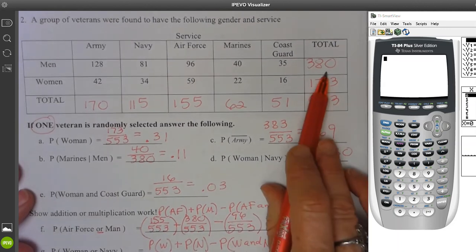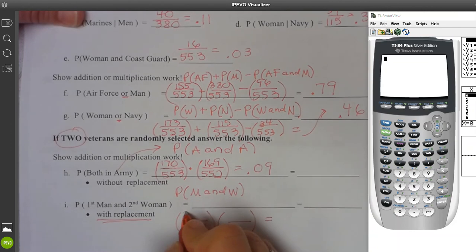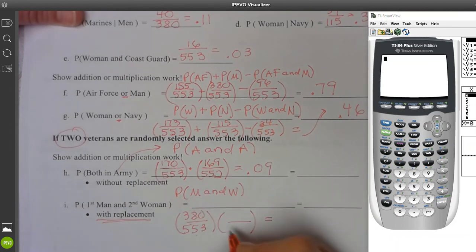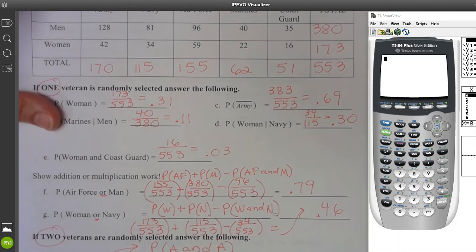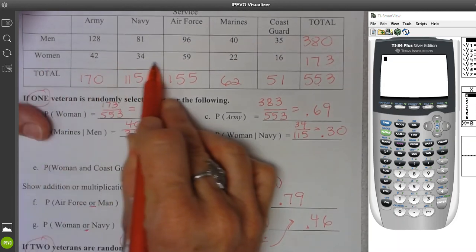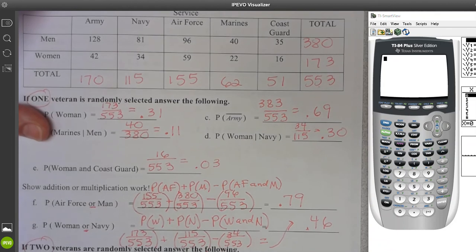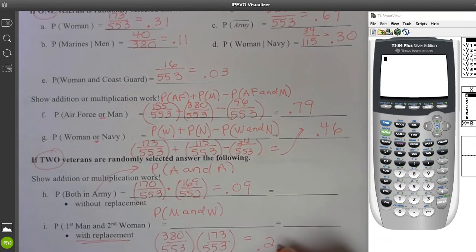We have 380 that are men. So 380. And this is with replacement, so we put that person back in the shuffle, so there's still 553 people, and now we want to know how many women, so that is this total here. The 173 is the total for the women. Doing that math, we get 0.21.